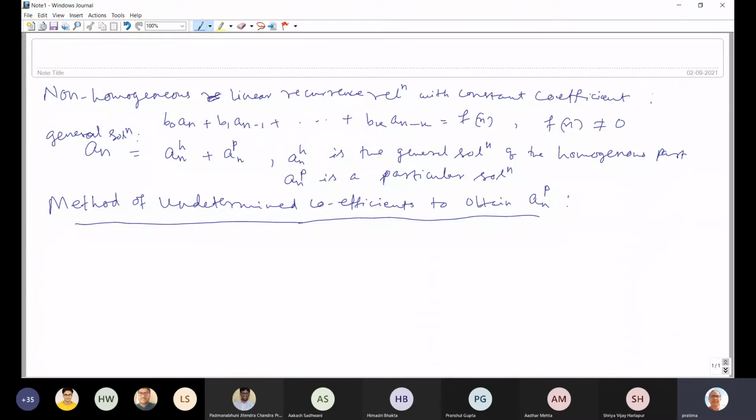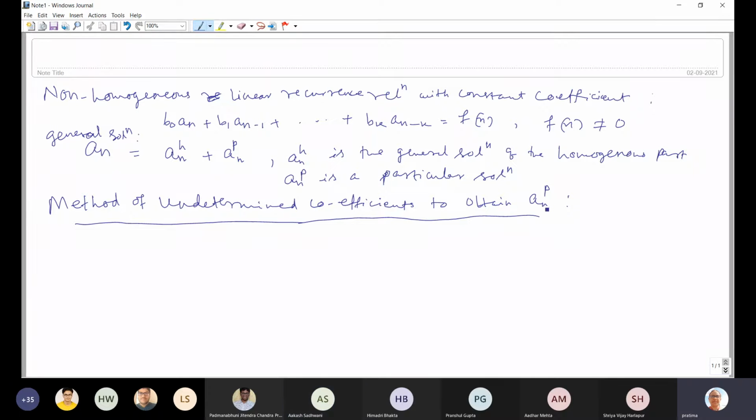Then, for what kind of functions f(n) should we select which particular solution?